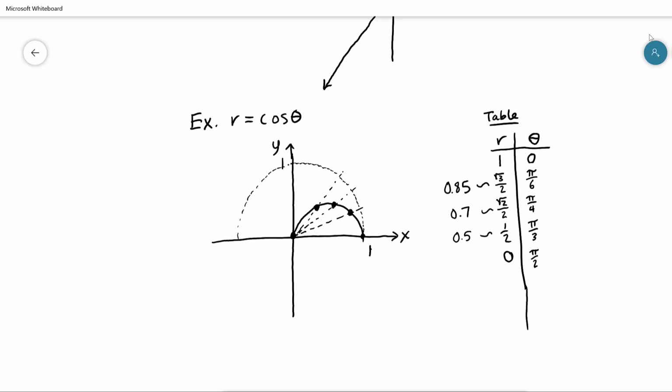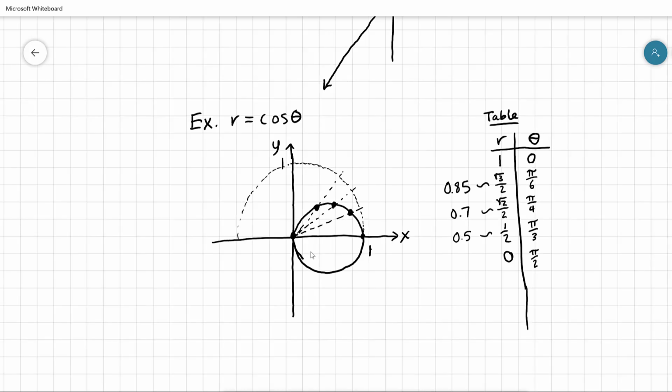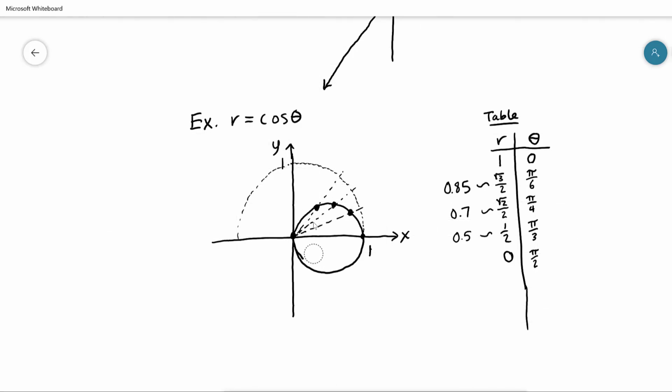What we'd wind up actually getting is tracing out a bottom half that looked exactly the same as the top half. And in this case, the shape that we get out of all of this is an off-centered circle.